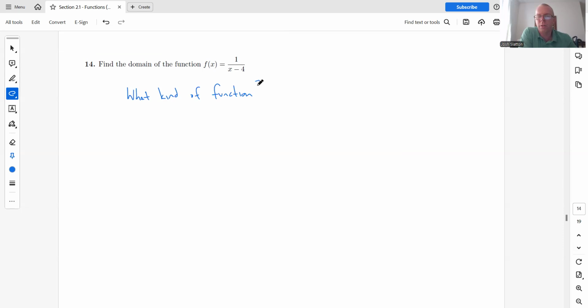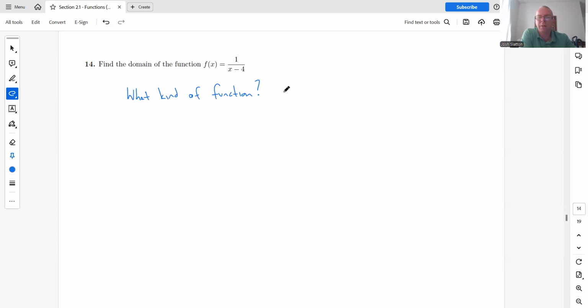If you can identify what kind of function it is, that will tell you how to find the domain as long as you know the rules. So what are the types of functions that we're going to look at? We're going to look at linear functions, quadratics, maybe cubics, square root functions, exponential functions, logarithm functions, and then this one, which is a rational function.